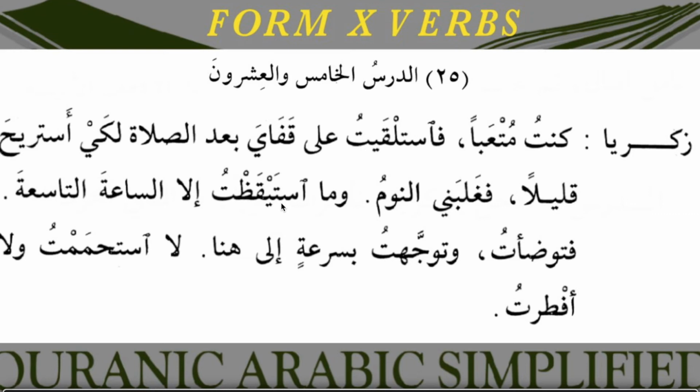But it is actually not a form 10, because form 10 comes from fi'l thulathi mazid fih. Here we need to look for the root letters. The root here is not 3 letters, but a 4-letter word. And what is the word? It is ayqadha. And mudari, which is 4-letter, the alamat mudari will be you, which will be yuqizu. We know when the you comes, the hamzatul qata is dropped, so it will be yuqizu.